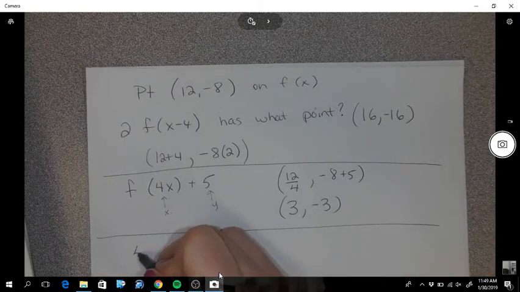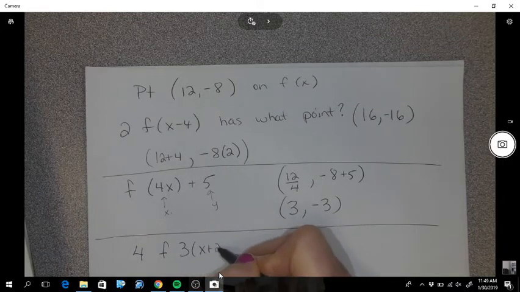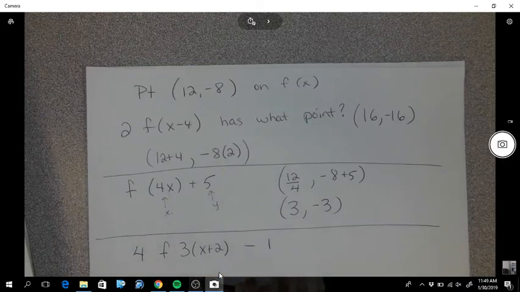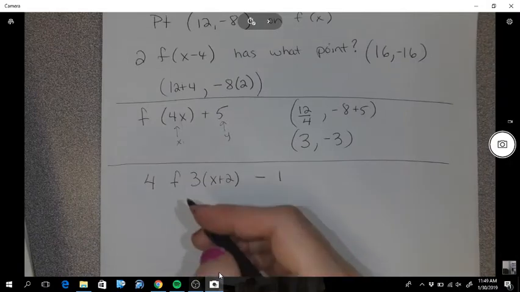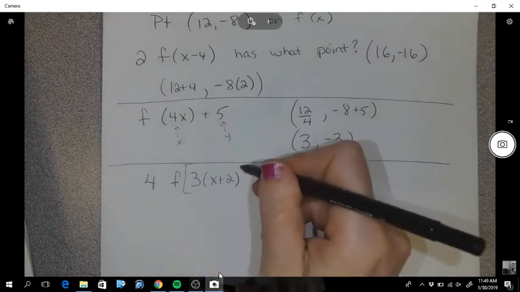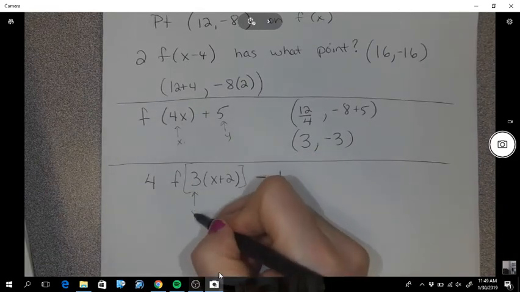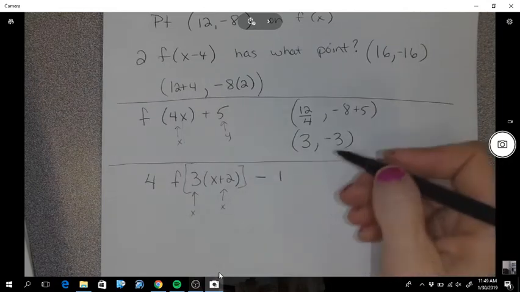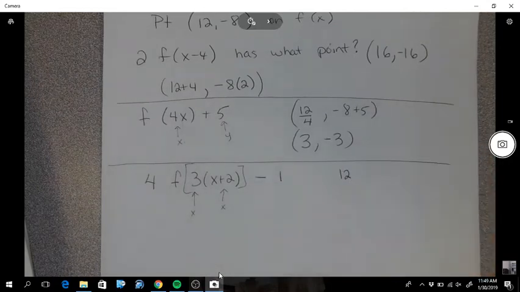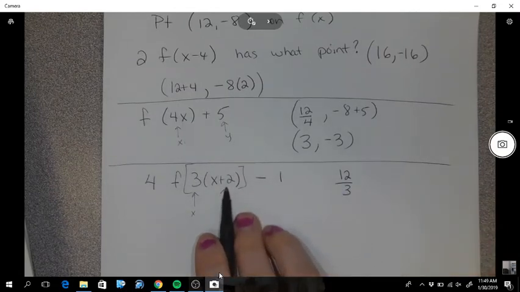Okay, using the same point, 4 f of 3, x plus 2 minus 1. So now I have changes to my x. Those two changes are going to be on my x. So take my x value, 12, and it will be compressed by 3, and then the movement will be left 2.